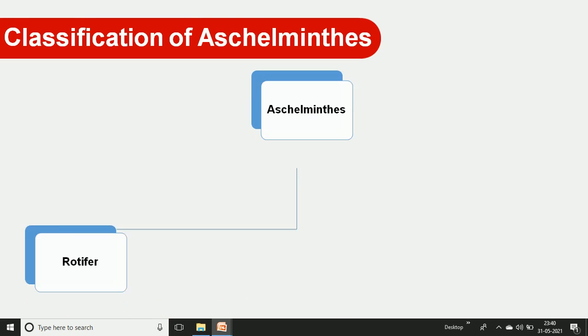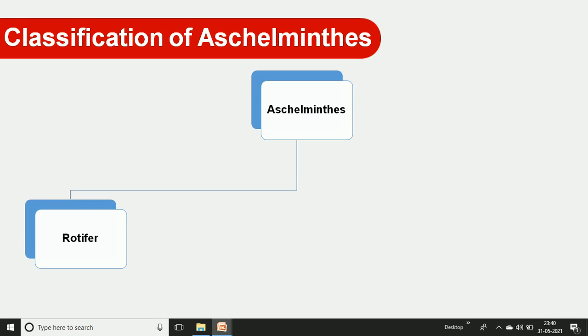We can go through this schematic flow diagram of the classification of phylum Aschelminthes. This group is divided into the very first class, known as Rotifera.